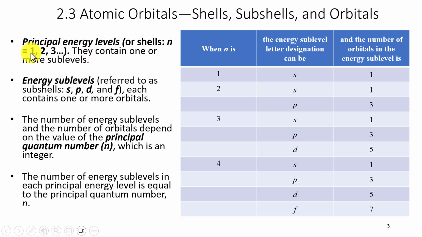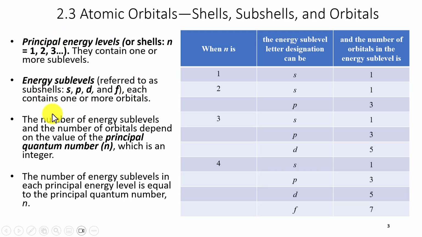So a whole number. Now in this model, the energy levels, or shells as they are called, can be subdivided into sublevels. Those energy sublevels or subshells are denoted with the letters s, p, d, and f. Each of these sublevels can contain, in addition, one or more orbitals, atomic orbitals.